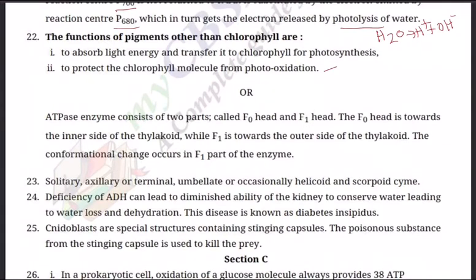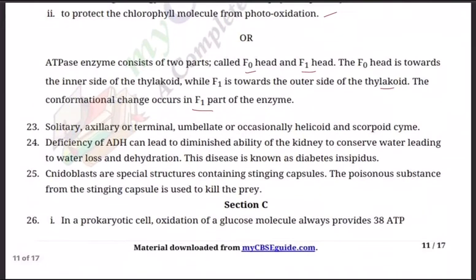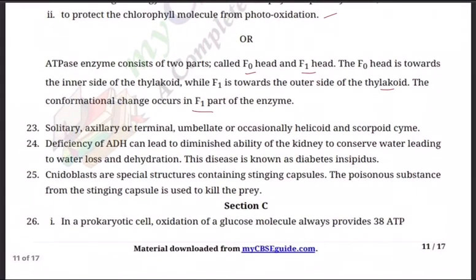ATPase is an enzyme that consists of two parts called F0 head and F1 head. The F0 head is towards the inner side of the thylakoid, while F1 is towards the outer side of the thylakoid. The conformational change occurs in the F1 part of the enzyme.